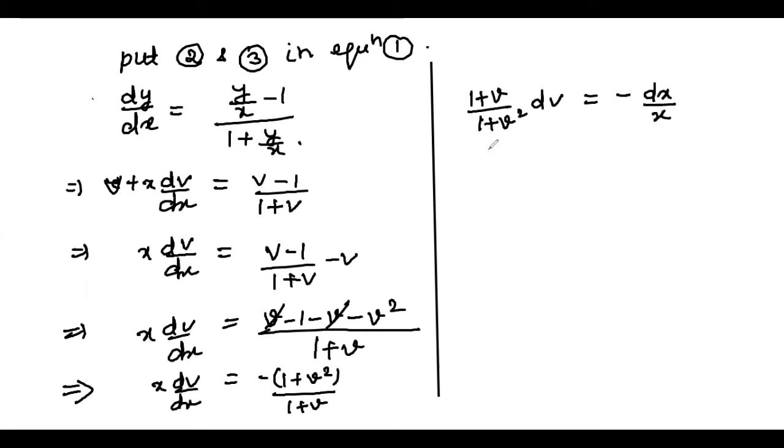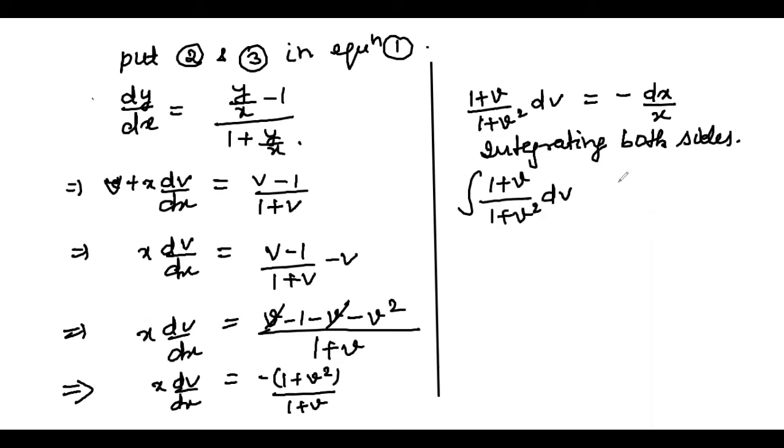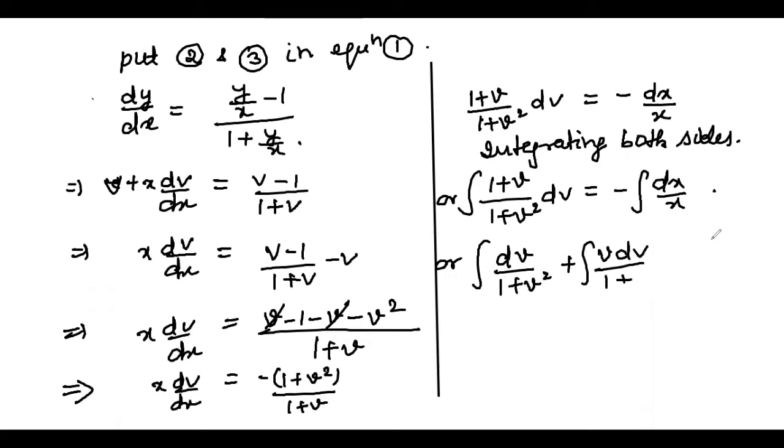Now we'll integrate both sides. After integrating, we get the integral of (1 + v)/(1 + v²) dv = −the integral of dx/x. Then we just write it as the integral of 1/(1 + v²) dv plus the integral of v/(1 + v²) dv, minus the integral of dx/x. Here we know that the first is the form of tan inverse, so we write tan⁻¹ v. For the second, we have to use the substitution method because we can't find the integration directly.